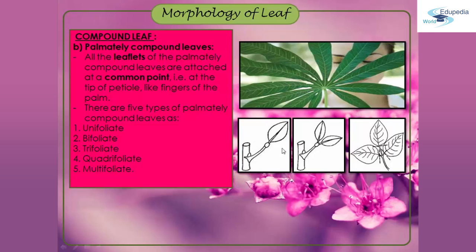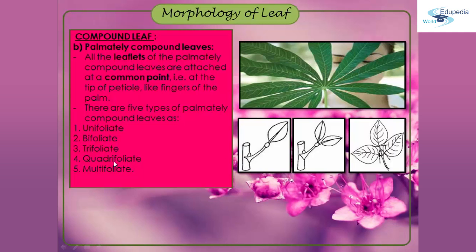See, this is your unifoliate. That means it has just one leaflet, which is attached to the tip of the petiole, like a finger of the palm. And in bifoliate, 2 leaves. Foliate means leaves. 2 leaves are attached at the tip of the petiole. So this is your bifoliate, and this is your trifoliate, when 3 leaves are attached at a common point at the tip of the petiole, like fingers of the palm.